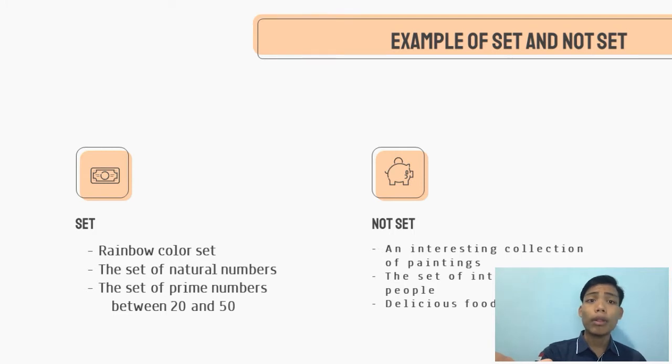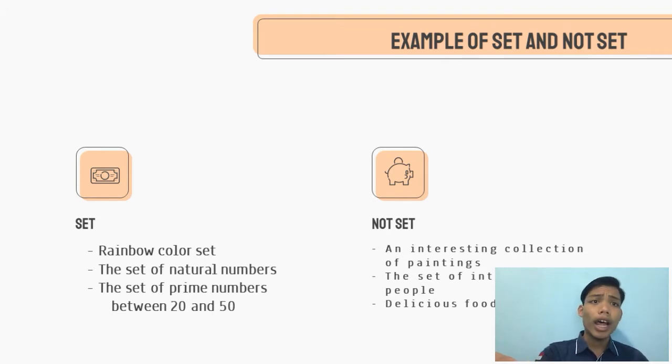Now for examples of not sets, the first one is an interesting collection of paintings. Why is the interesting collection of paintings not a set? Because the meaning of the word interesting varies according to each person. So the interesting collection of paintings is a not set.